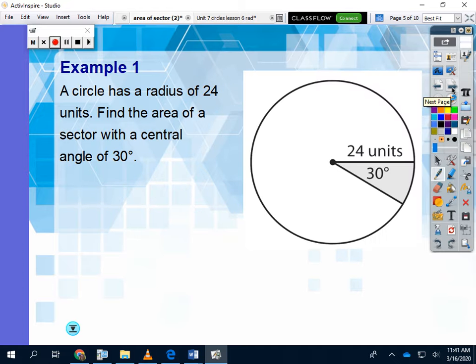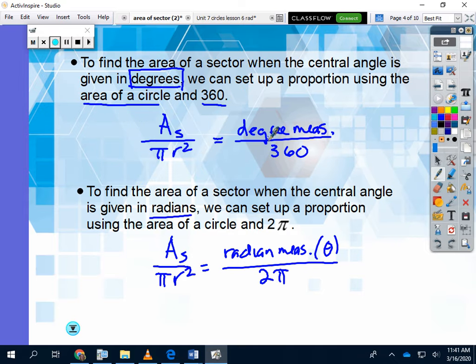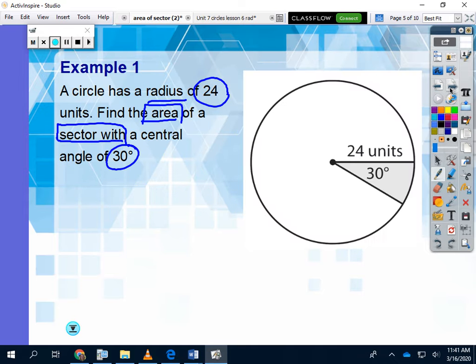So example 1: a circle has a radius of 24. Find the area of a sector, and the central angle is 30 degrees. So if we know it in degrees, I'll use this formula here with the degree measure. I'm going to take my area of the sector, which I don't know, over pi r squared.